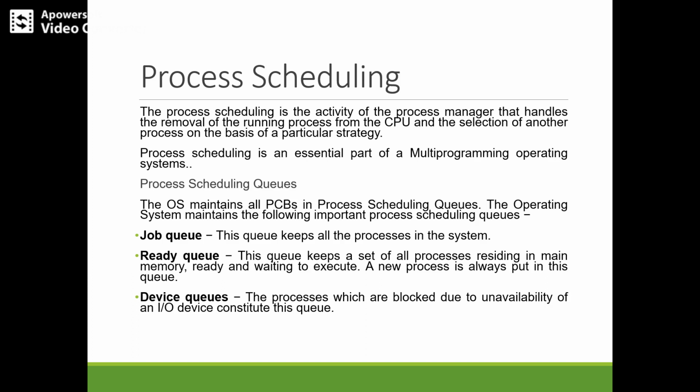The third kind of queue is the device queue. The process will be waiting to get access to a particular device. Processes which are blocked due to unavailability of an IO device move into this particular queue.